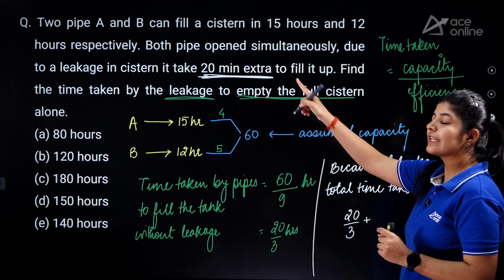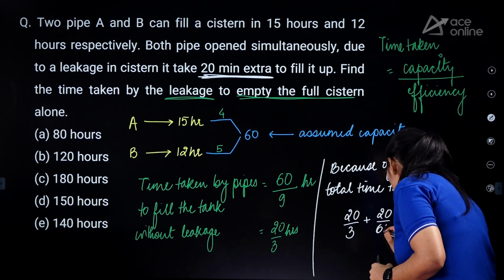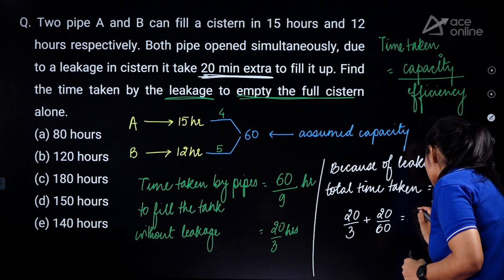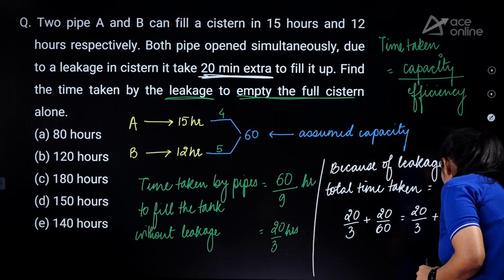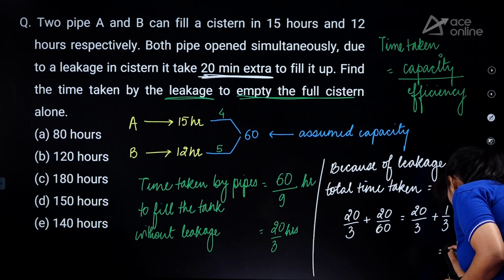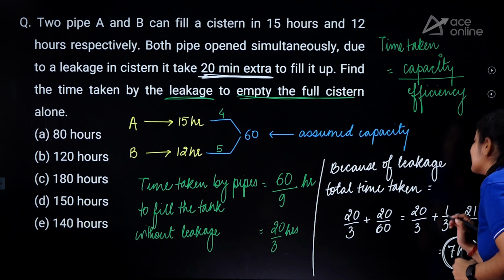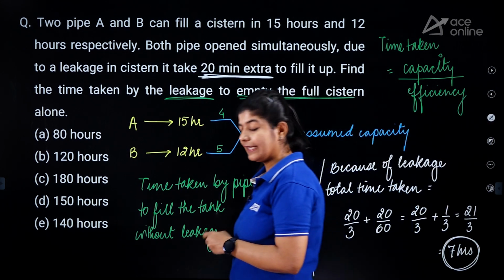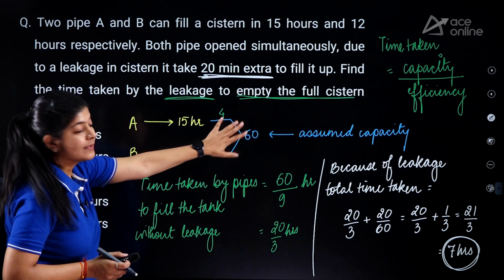Now because of leakage they are taking 20 minutes extra, that means 20 by 60. I can write it as 20 by 3 plus 1 by 3, and it will become 21 by 3, or 7 hours. Because of the leakage they are taking 7 hours to fill the same tank.